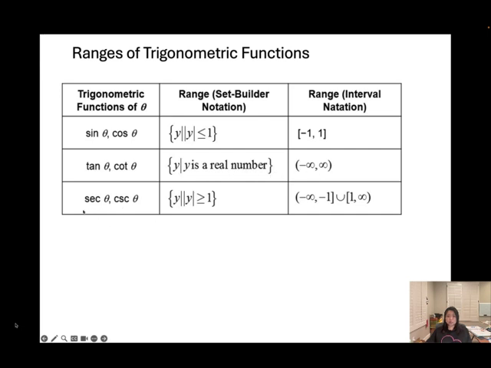And then secant and cosecant will be from -infinity to -1 or from 1 to +infinity. Later on, when you know how to graph these functions, you're going to remember all the domain and the range.